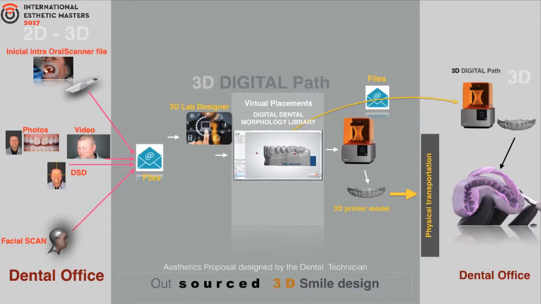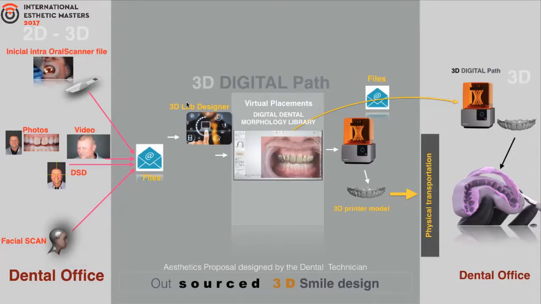Once the dentist and the technician are satisfied with the 3D virtual smile design, the tech prints a physical model to send to the dentist. If the dentist has his own 3D printer, he can receive the 3D virtual smile design file and print it himself.